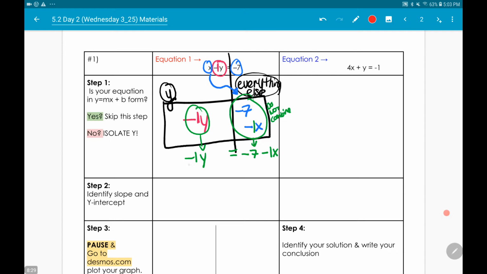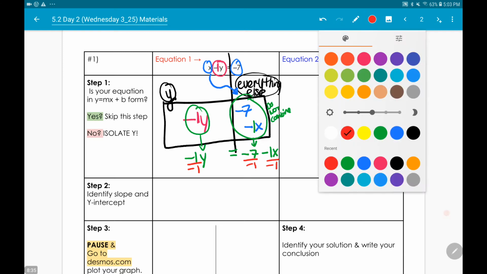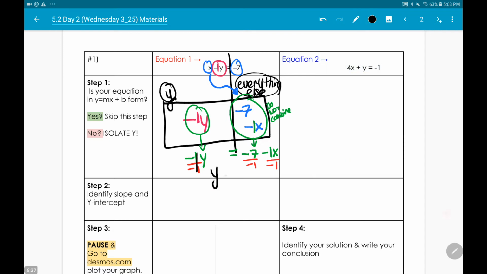Okay, last step, divide, and we divide everything. That gets me y equals 7 plus, I divide this and I get 1, and I bring down my x. So my first equation is y equals 7 plus 1x.